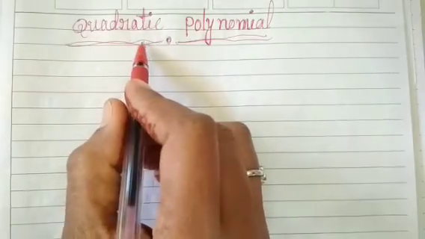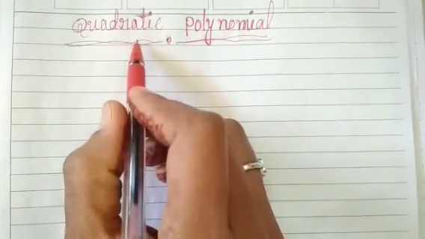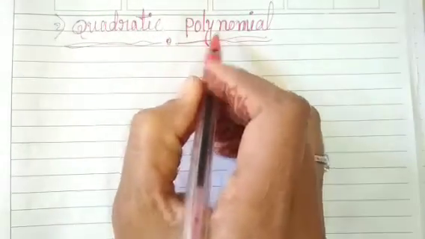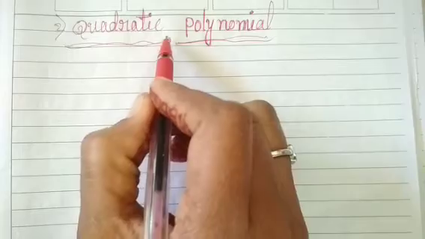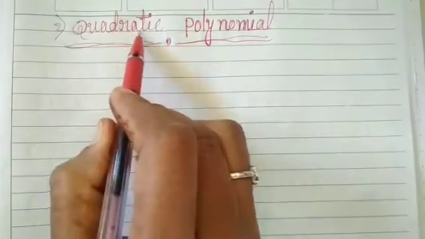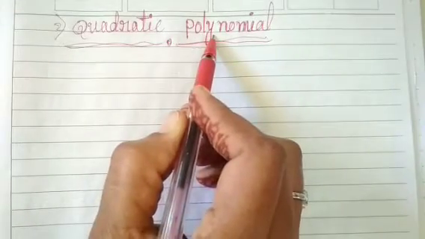The continuation part, quadrilaterals. The second one is quadratic polynomials. Now let us look for the geometrical meaning of a zero of a quadratic polynomial.